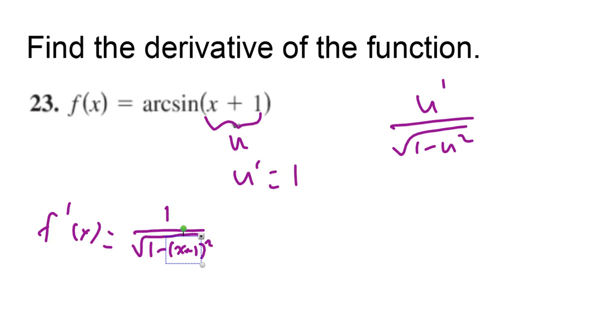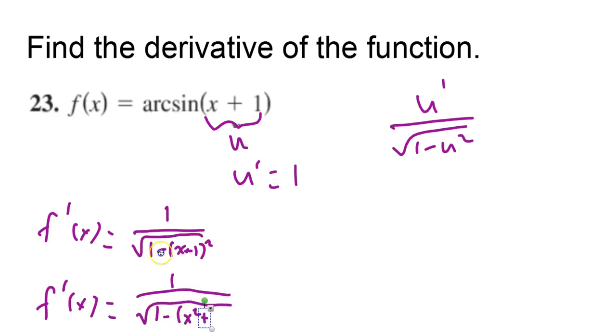Now, if I wanted to slightly clean this derivative up, I could do some algebra. The derivative would be equal to 1 over, again, x plus 1 squared in my radicand would become 1 minus the quantity x squared plus 2x plus 1, agreed?